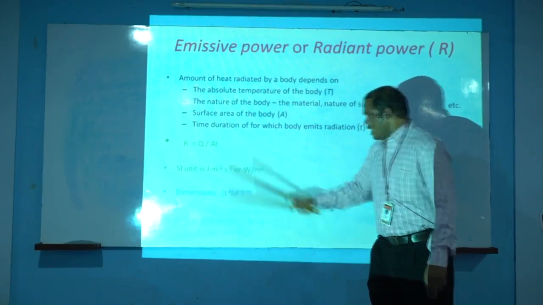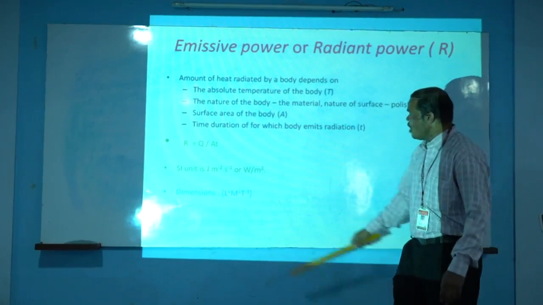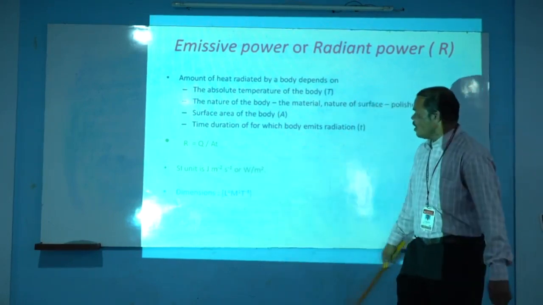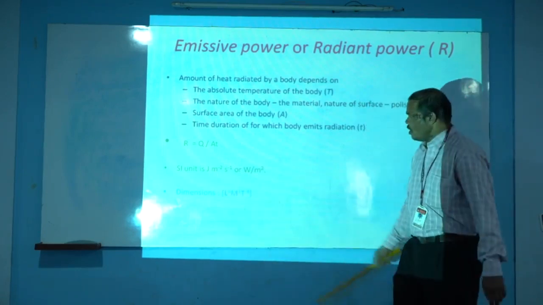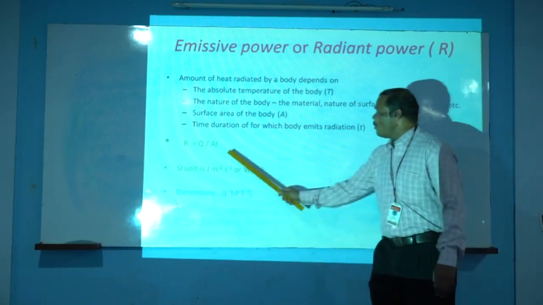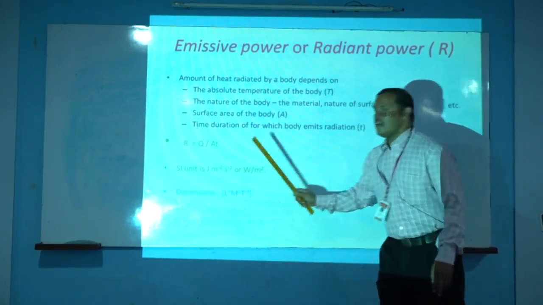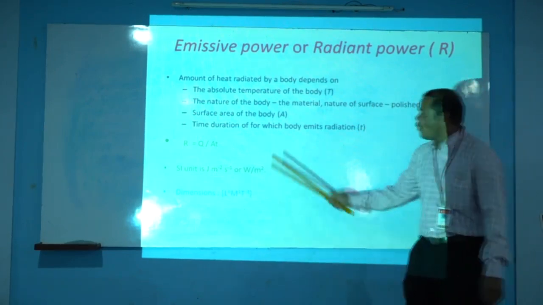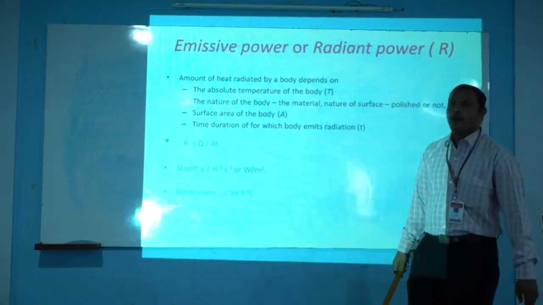divided by meter square, it can be written as m raised to minus 2, divided by time, that is per second. So the SI unit is joule per second per meter square, and we know that joule per second is the SI unit of power, that is watt, and hence this unit gets simplified.